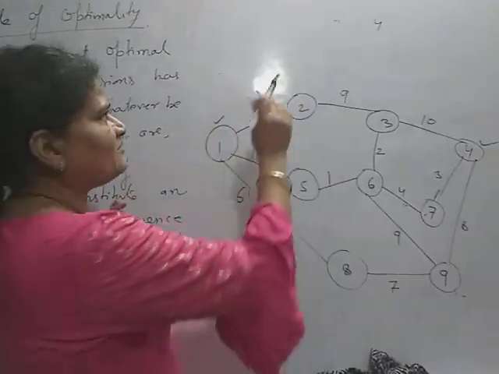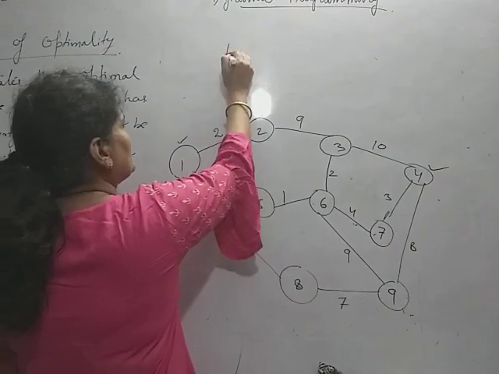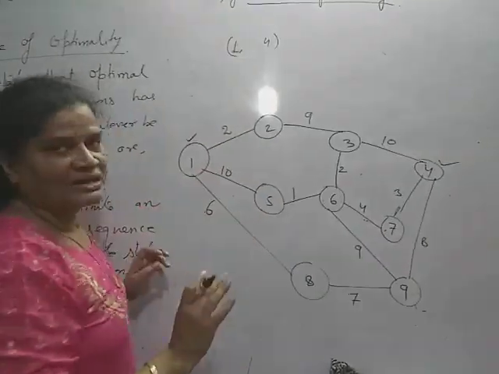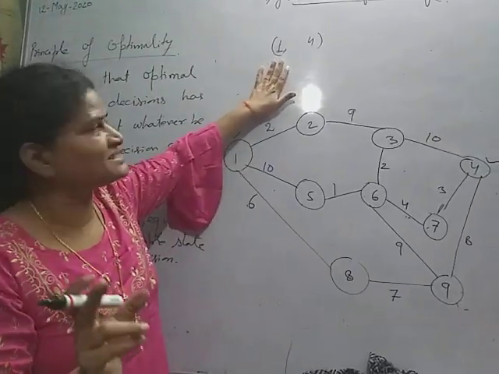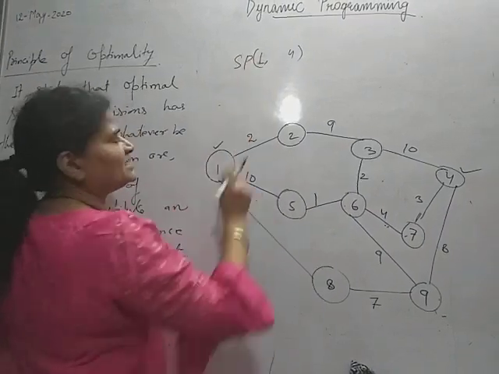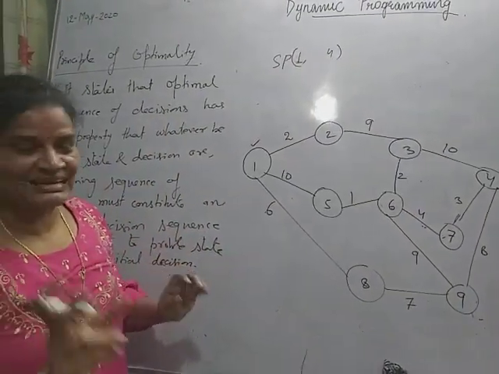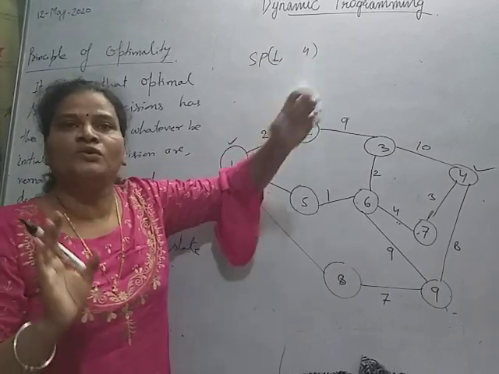Suppose our objective is to find the shortest path from 1 to 4. Suppose I have taken a decision. Initially our problem state is to find the shortest path from 1 to 4.